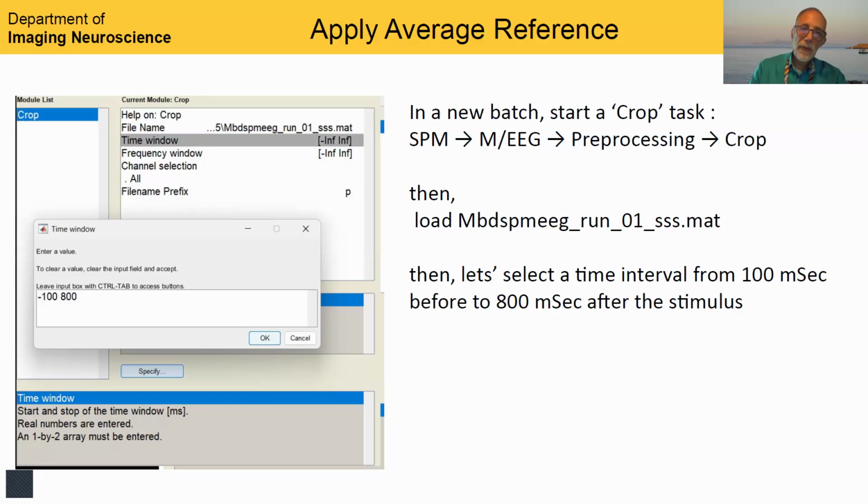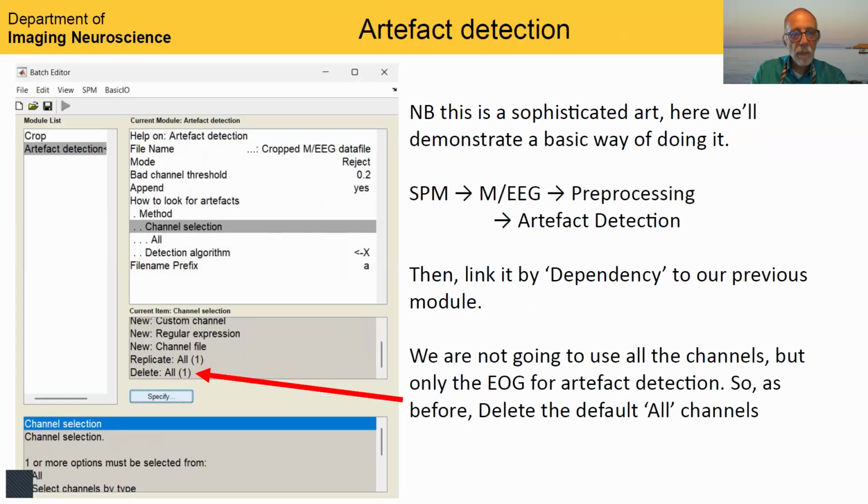So instead of -infinity to infinity, let's click on that, click on specify, and say -100 to 800, which is going to be 900 milliseconds around the stimulus, which is smaller than the epoch that we had. This is just for demonstration.